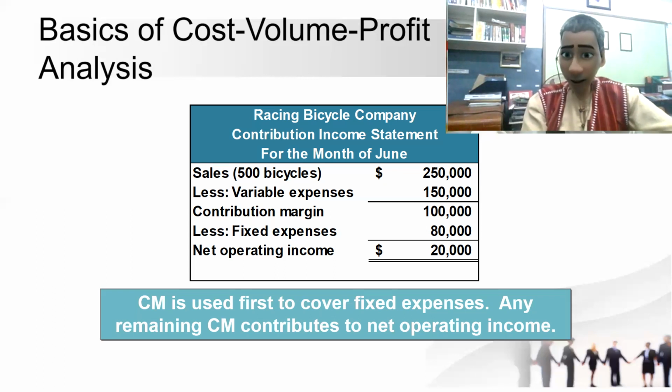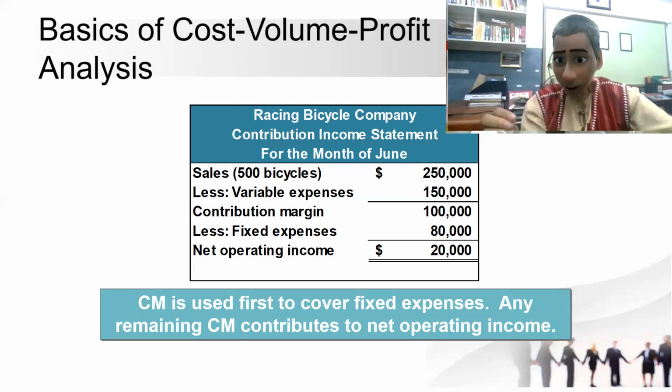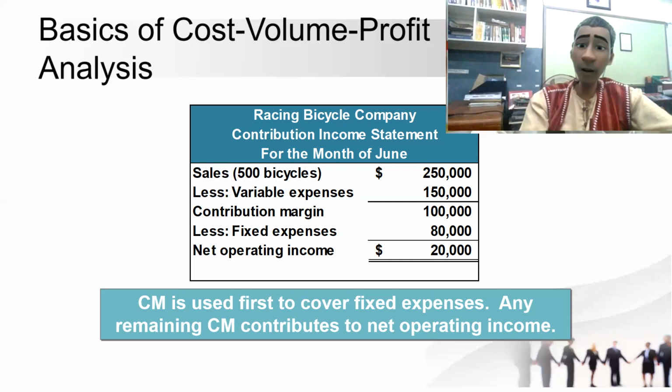So meaning contribution margin covers first the fixed expenses, and included in the contribution margin is sales minus the variable expenses. So there's no variable expenses in our contribution margin. Okay. Or in other words, variable expenses plus contribution margin is equal to sales. That is the same thing.